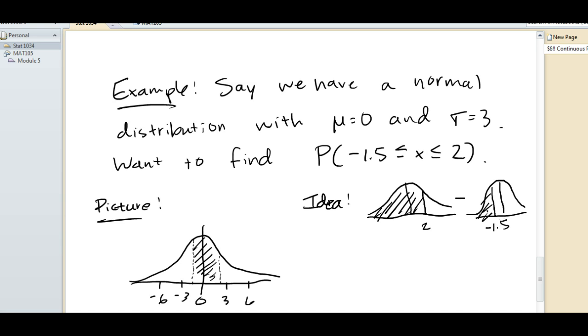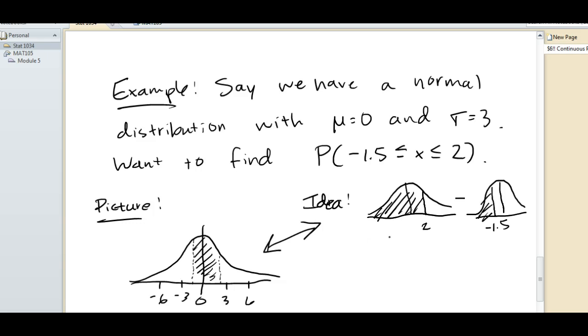So basically, the picture right here is the same as if we do the picture up to 2 and then take away the part from 1.5. That's all that'll be left, the picture that we started with.